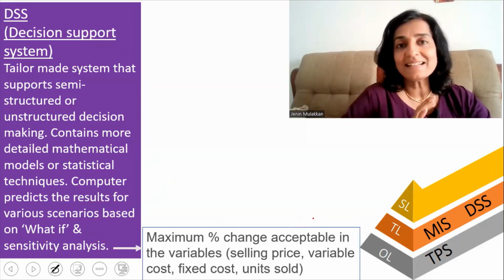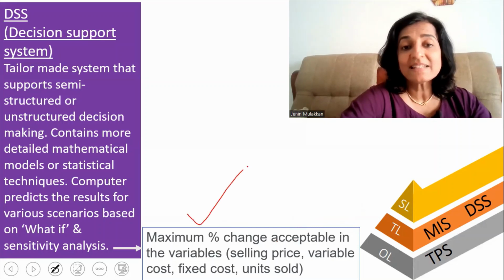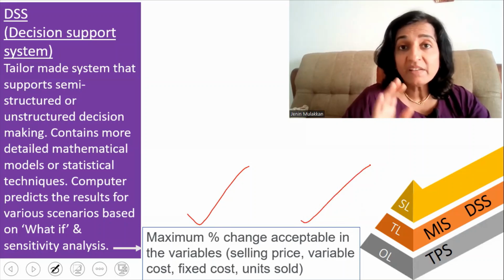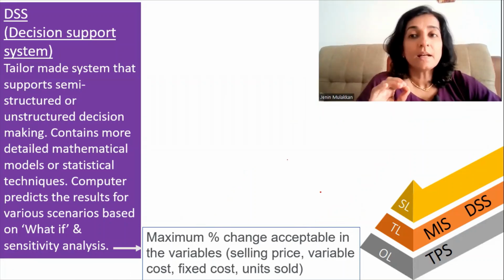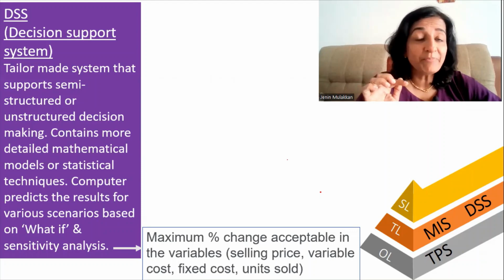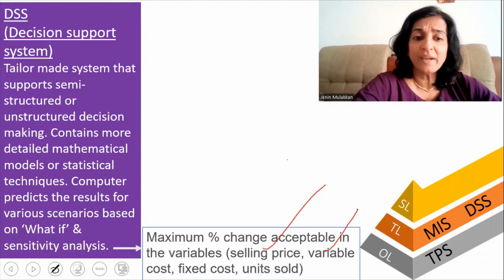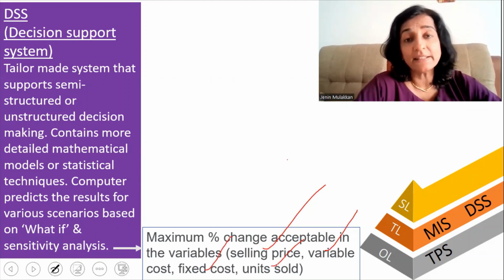Now, sensitivity analysis aims to find out the maximum percentage change acceptable in the variables. Now, every company will have a desired profit level. Now, this desired profit level is dependent on many variables. It is dependent on the selling price, the variable cost, the fixed cost, and the units sold.